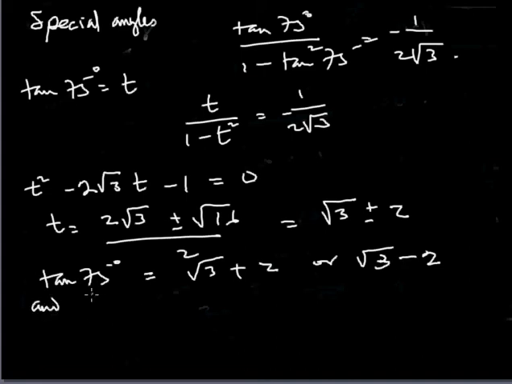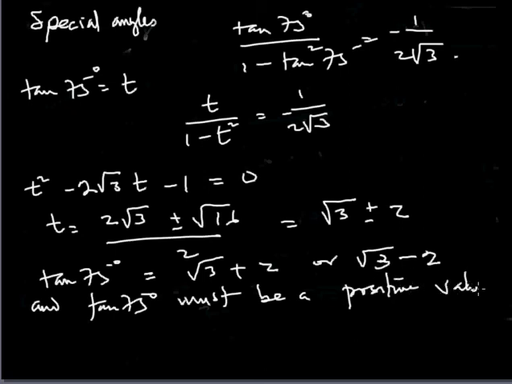And tan 75 degree must be a positive value. So tan 75 degree is equal to 2 plus root 3.